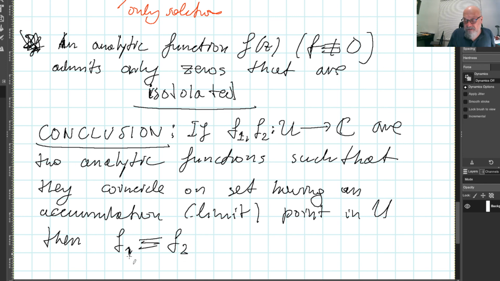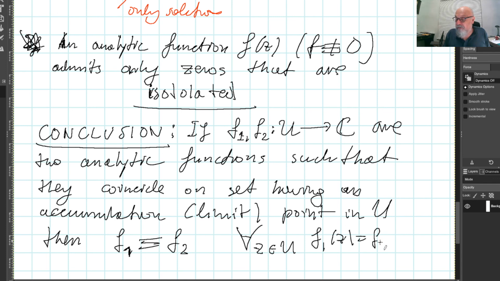They are identically equal, exactly the same. There is no difference. That means for every z belonging to U, f1 of z is equal to f2 of z. And how do we do it?